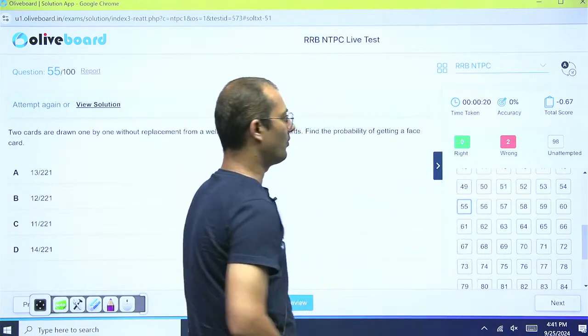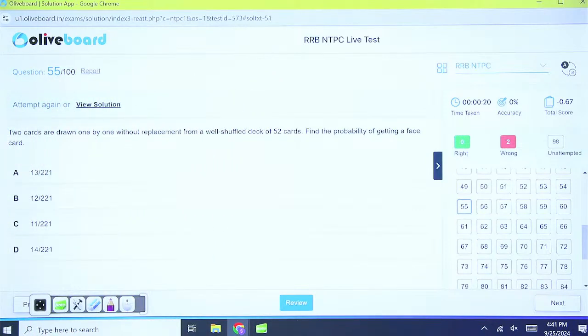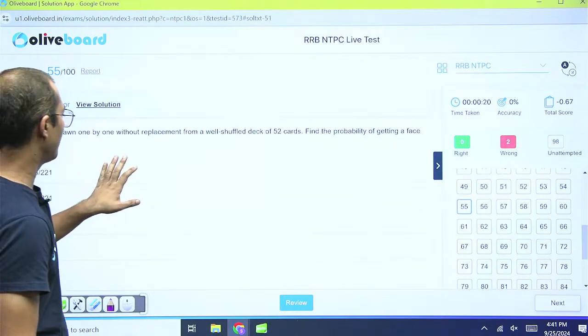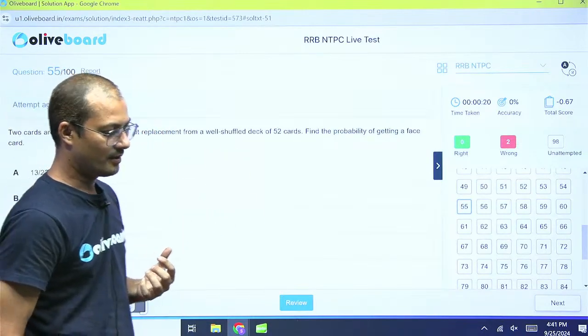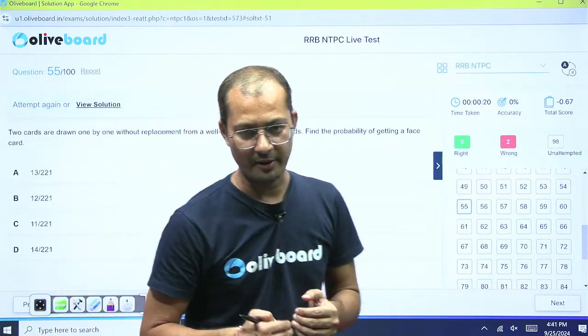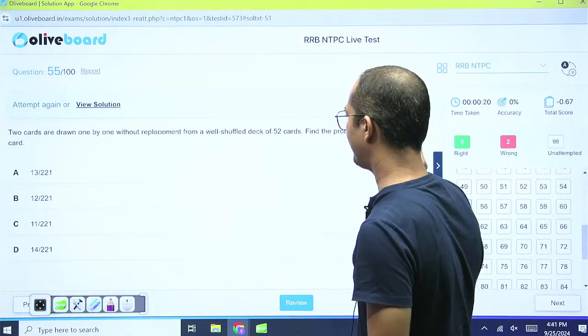Tell me what would be the right answer for this question. So this question belongs to the probability part. 2 cards are drawn one by one without replacement from a well shuffled deck of 52 cards. Means we are drawing without replacement, right? So find the probability of getting a face card.